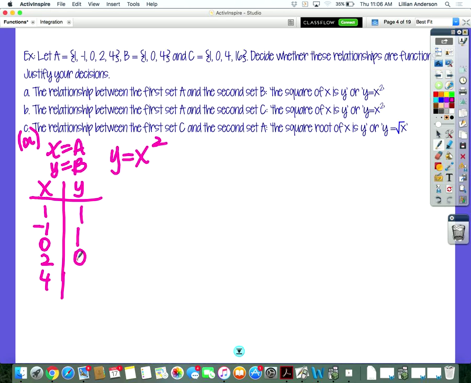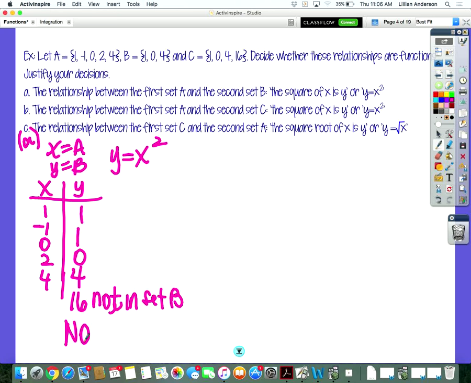Is it in the set? 2 squared. 4 is in the set. 4 squared. 16, is that in the set? No. 16 is not in set B. Is this a function? And then that will be the justification of that.